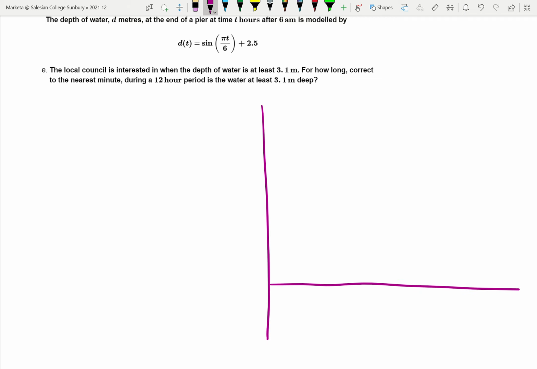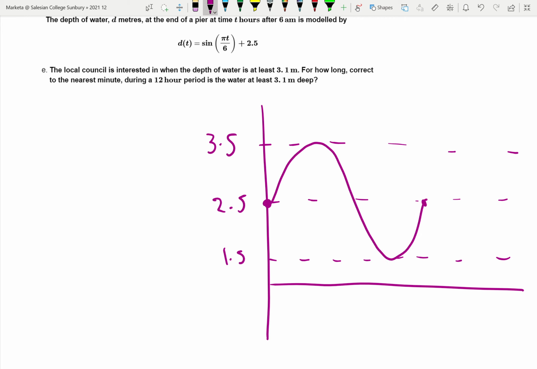I will draw it again here. 1.5, 2.5, 3.5. So if you are looking on CAS, well then we've got a line here, which I might call y equals 3.1. So if we find those intersection points there, that means that we get the x values.